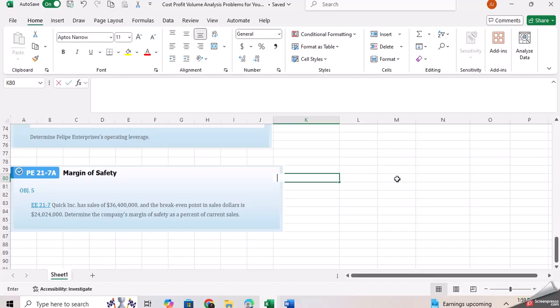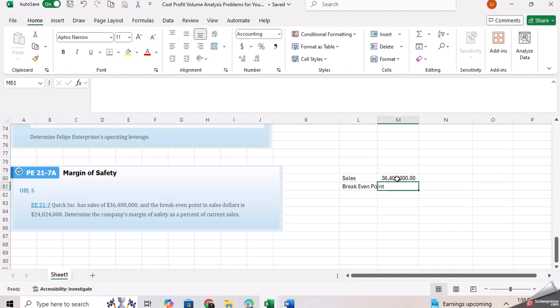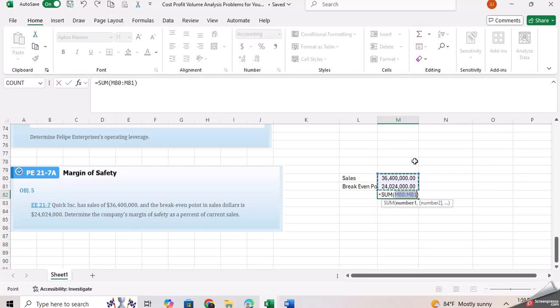So again, we've got sales. We have our break-even point. So our sales are 36,400,000, and then our break-even point is 24,024,000, and we will subtract those to get to our margin of safety.